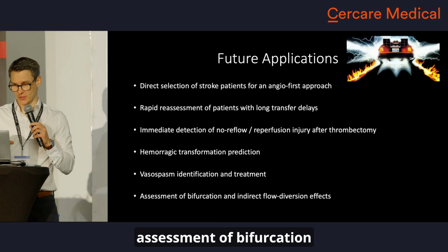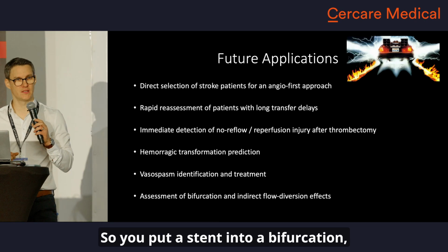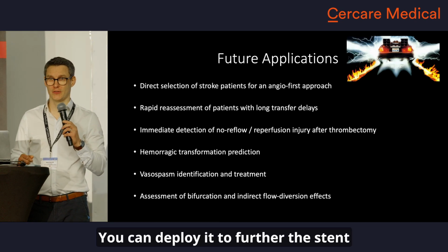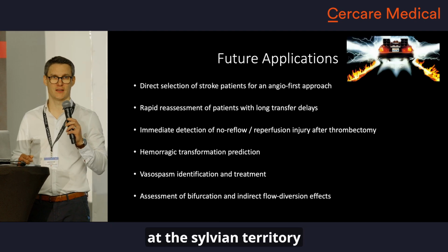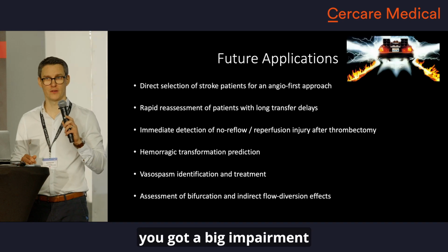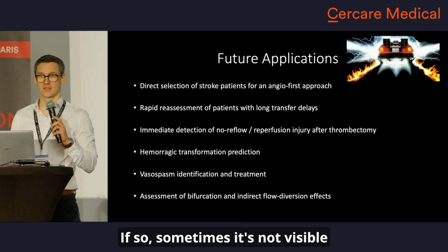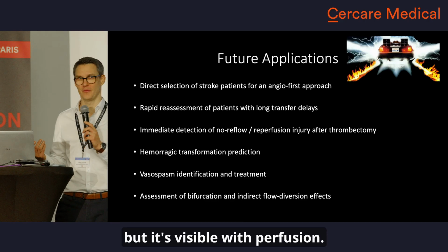Another thing is the assessment of bifurcation and indirect flow diversion effect. So you put a stent into a bifurcation, like the sylvian bifurcation. You can deploy 2/3 of the stent, and you can have a look at the sylvian territory and see whether or not you got a big impairment in the flow. Sometimes it's not visible on conventional angiography, but it's visible with perfusion.